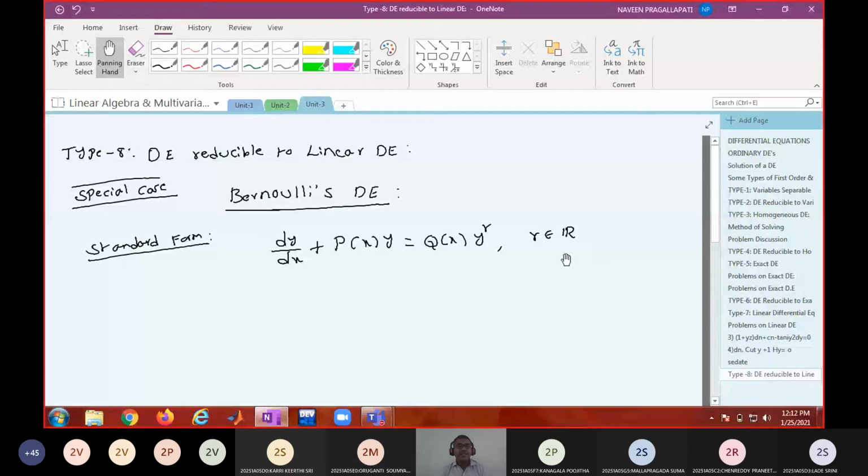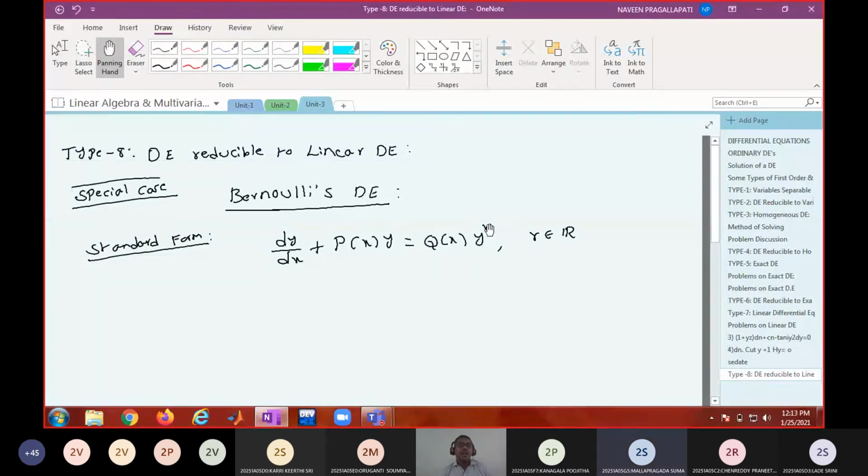Is it linear differential equation for all values of r? No. For any value of r, it is not a linear differential equation. So when I ask is it linear differential equation, what should be your reaction? You should say it depends on r. Am I right?